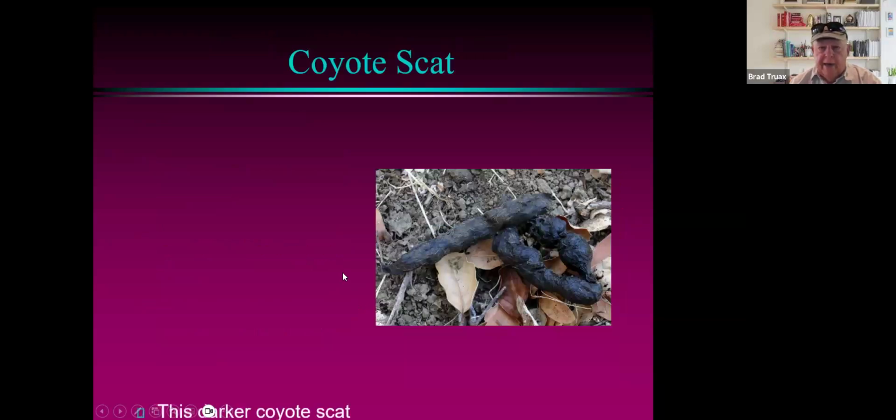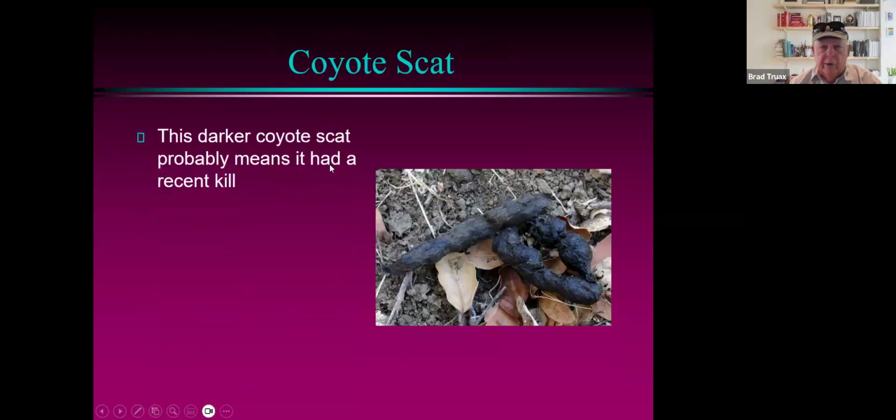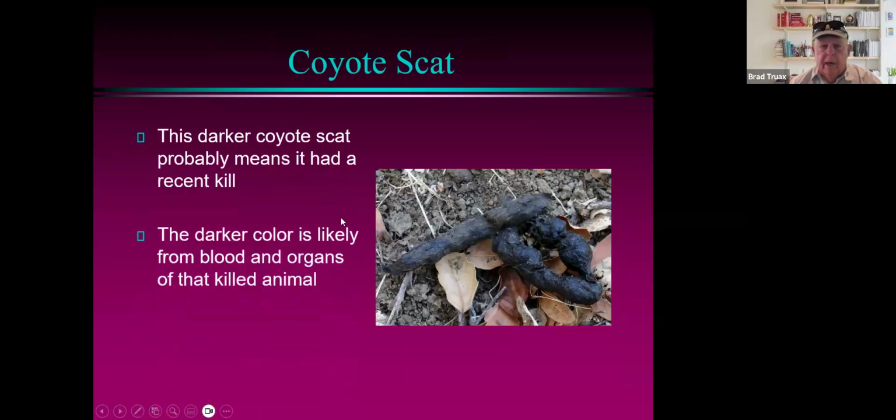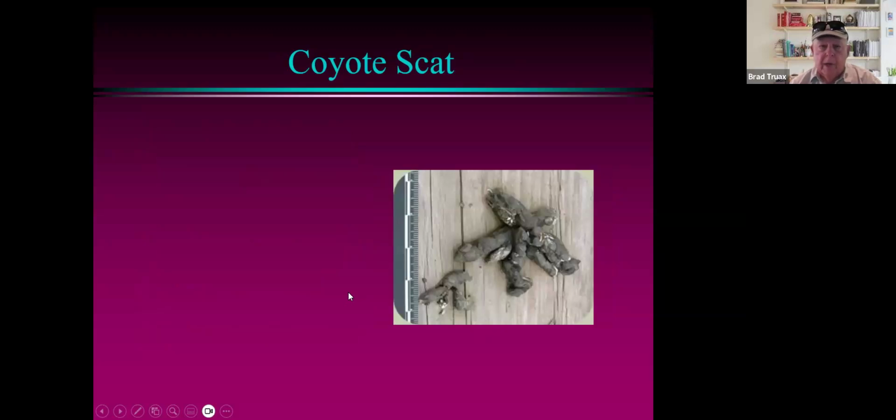This is coyote scat. And again, the darker coyote scat means that it probably had a recent kill, and it was the blood and the organs of the killed animals that gives us the dark color. But again, you can still see hair. If you look in here, you'll see little hairs from whatever it was that the coyote last ate.